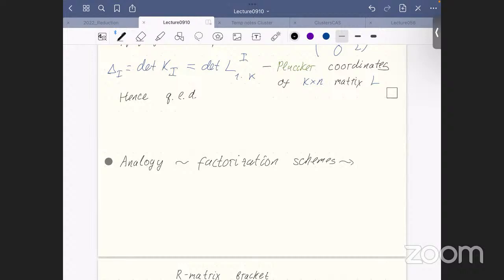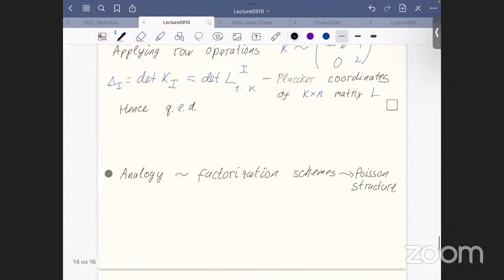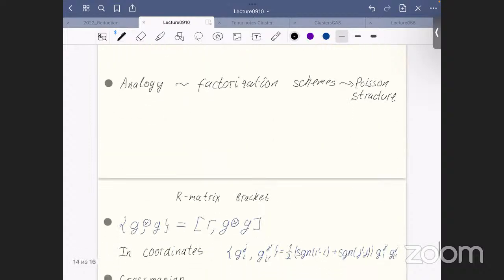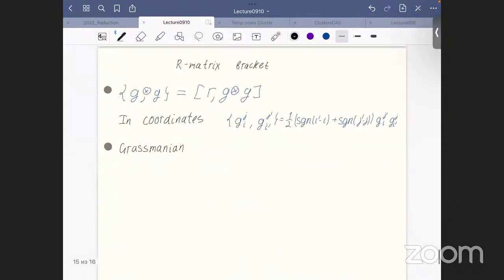This leads to Poisson structure. What is the Poisson structure on the Grassmannian? Let me recall that first of all we have a Poisson structure on the group. So here G belongs to GLN or PGLN.